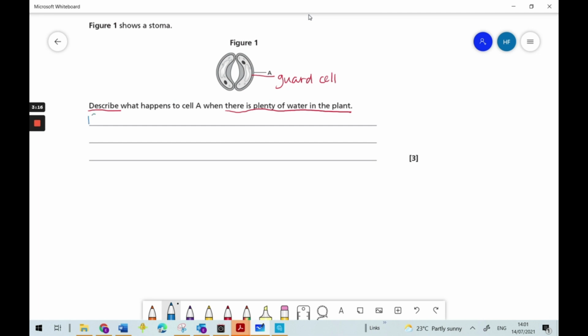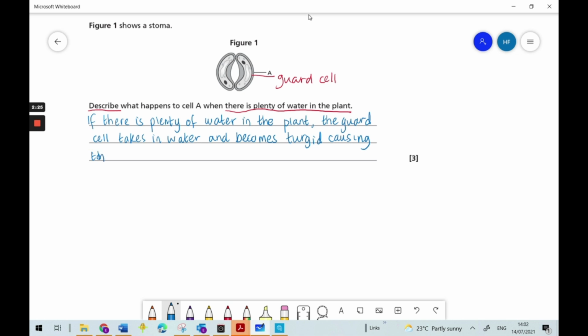I'm going to write, if there's plenty of water in the plant, the guard cell, I'm using the correct terminology, the guard cell takes in water and becomes turgid, causing the stoma to open.